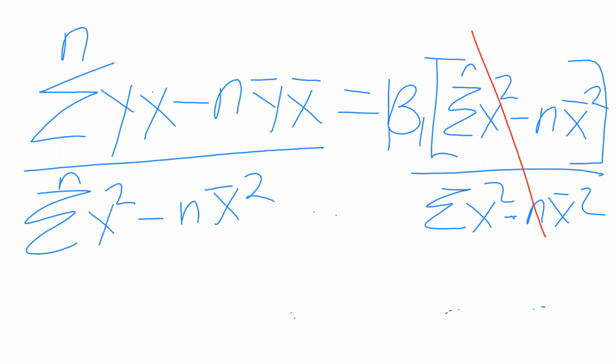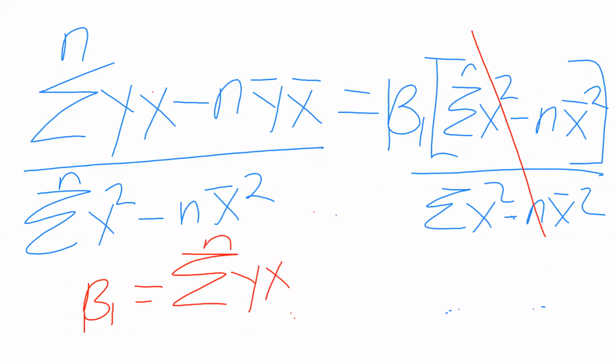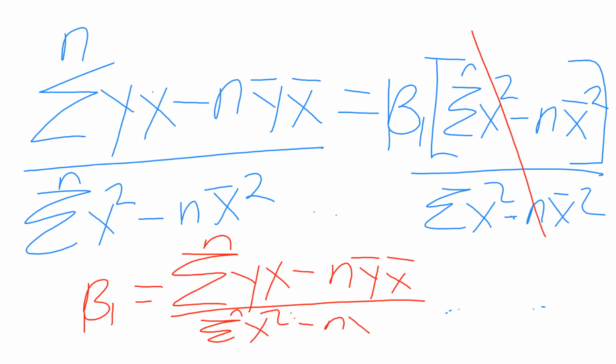They are dividing, so that beta 1 can become equal to the summation of yx minus n y bar x bar over the summation of x squared minus n x bar squared, which is exactly what I wrote when we started. I said beta 1 is equal to that. Do you remember that? We have reached. That's good. So we have derived, we have shown.